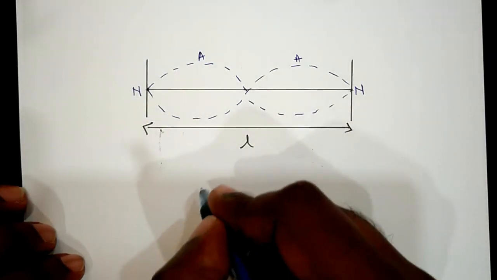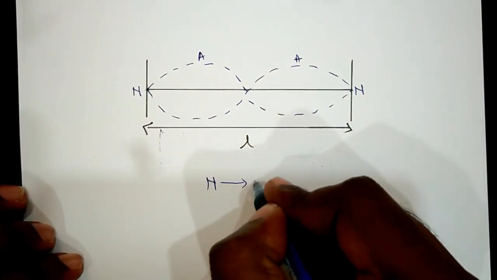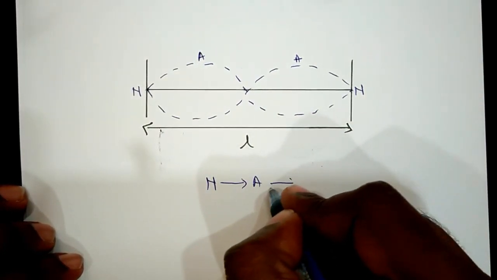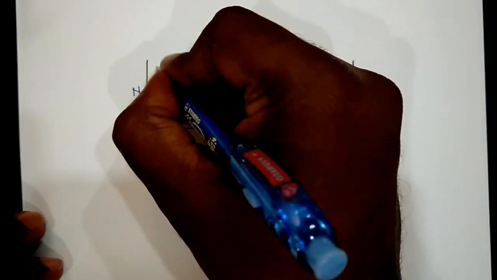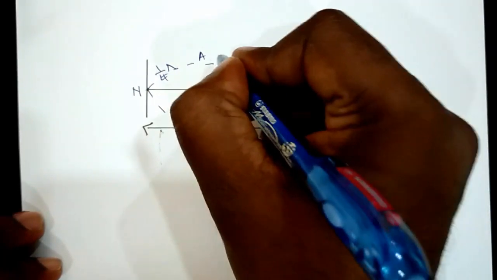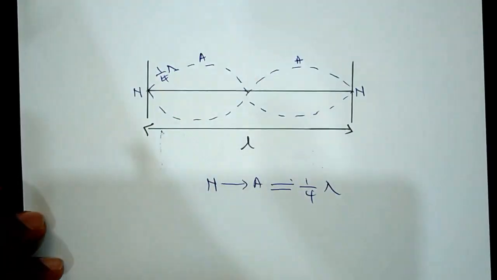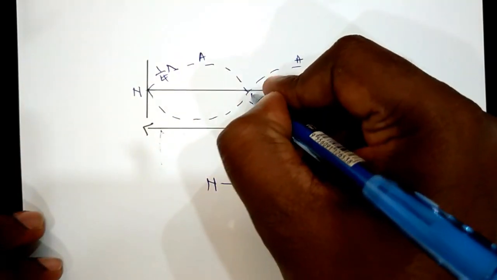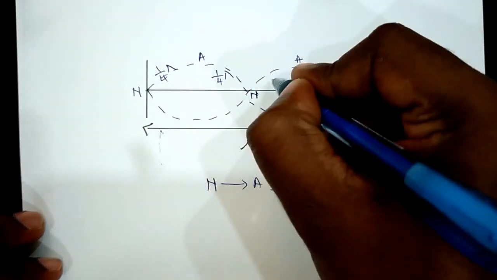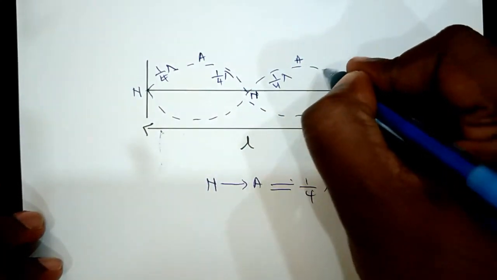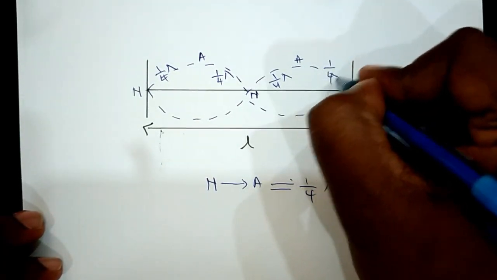So we know that node to antinode is quarter wavelength. So quarter wavelength, so another node here, quarter wavelength, and quarter wavelength.